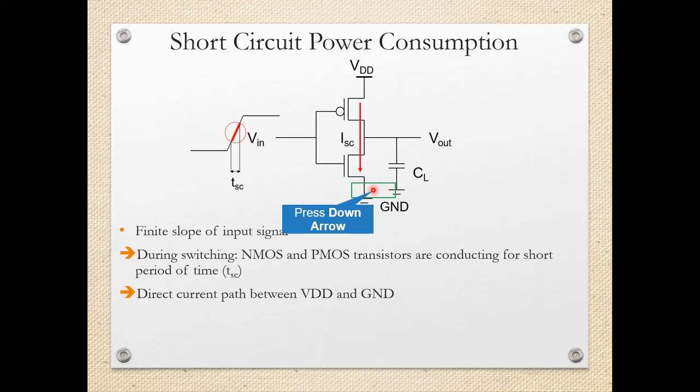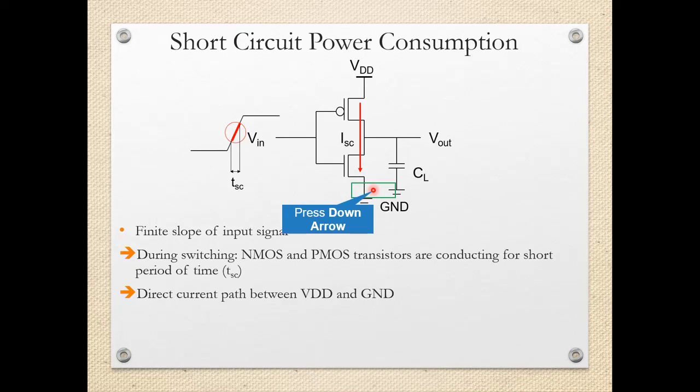you can just see, suppose this is the transition of the input from logic 0 to logic 1. When logic 0 is applied, the P MOSFET is on, and when logic high is applied, the N MOSFET will be on. But what will happen during this transition or slope? During this slope, the P MOSFET will try to turn off and the N MOSFET will try to turn on.